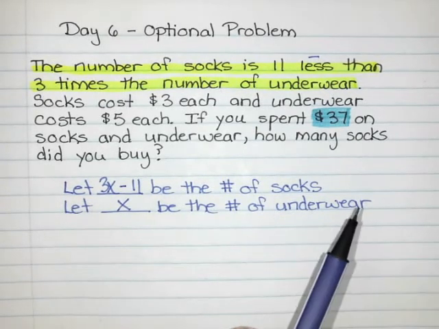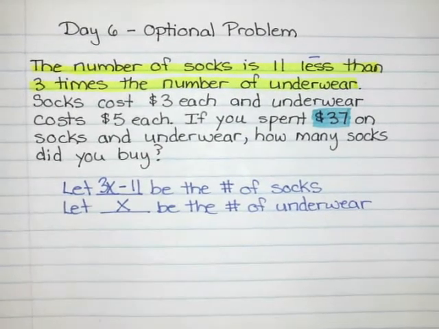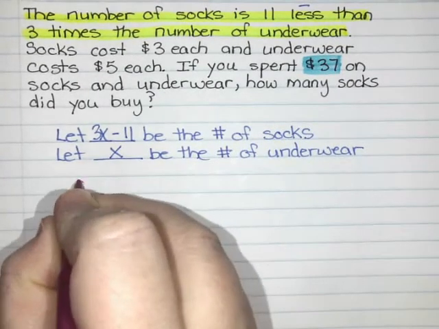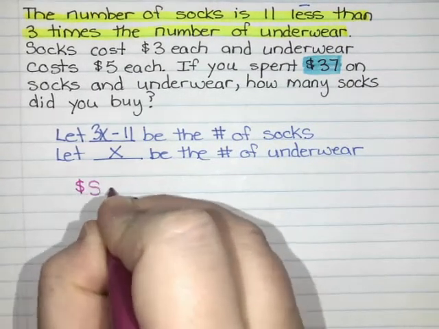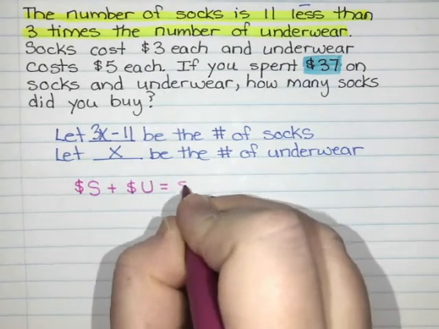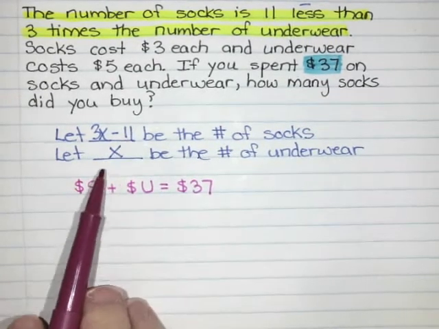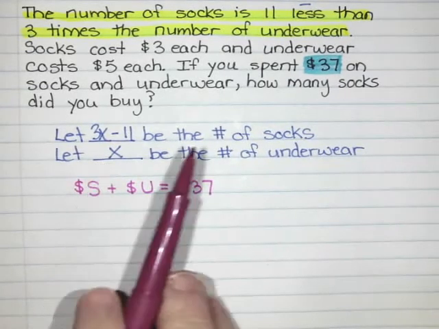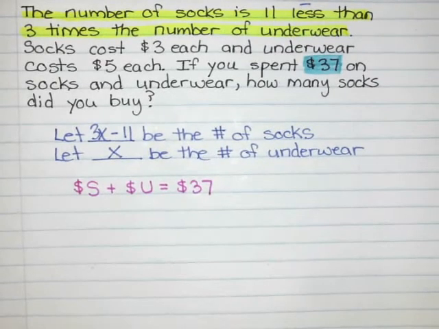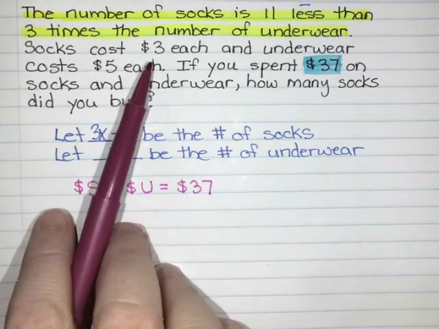Once I have my let statements under control, it's time to tackle our equation. This is the trickiest part in a money problem, getting this equation right. The amount of money we spent on socks plus the amount of money that we spent on underwear is $37 altogether. So 3x minus 11 and x, that's not how much money we spent. That's the number that we bought. To calculate how much money we spent, you have to take the number that you bought and multiply it by the price.